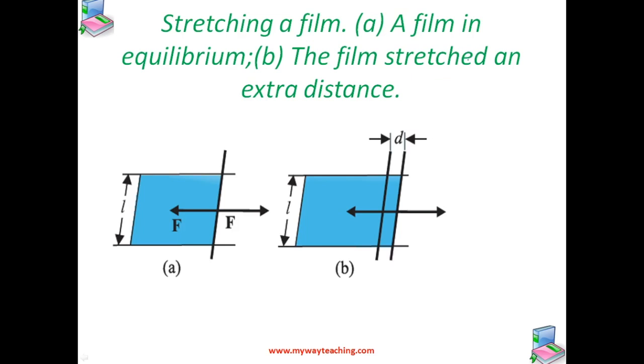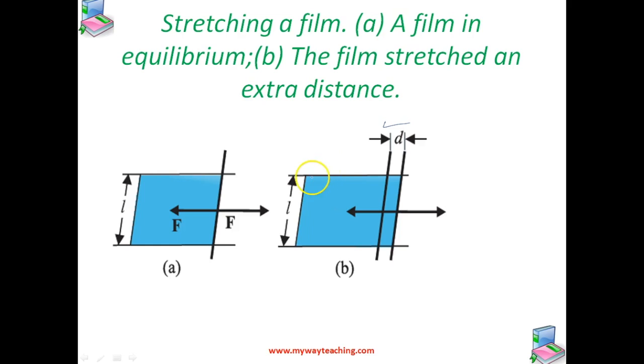For that, just consider a horizontal liquid film ending in a bar free to slide over parallel guides. This is a horizontal film. Suppose that we move the bar by a small distance d.